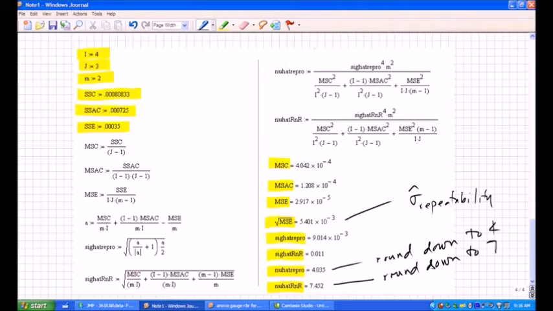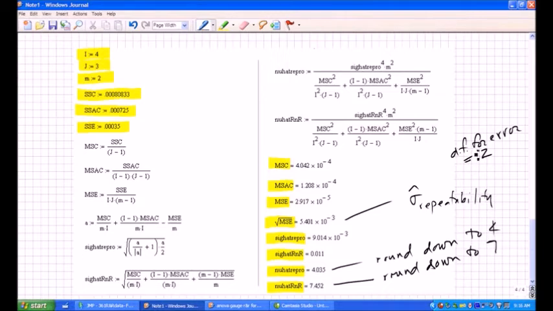And for degrees of freedom for, quote-unquote, error, well, that's going to be this I times j times m minus 1. I is 4, j is 3, m minus 1 is 2, so that without much hassle is 12.